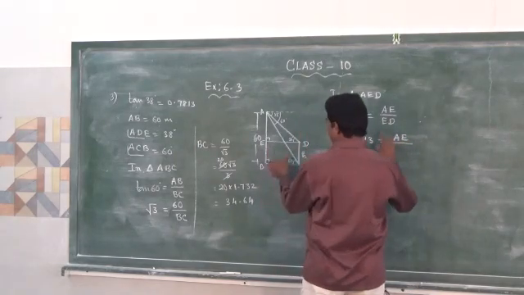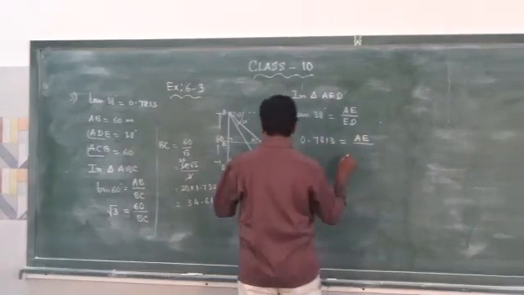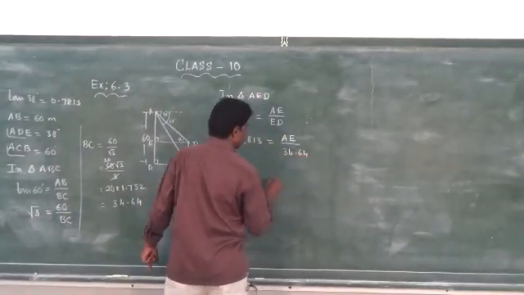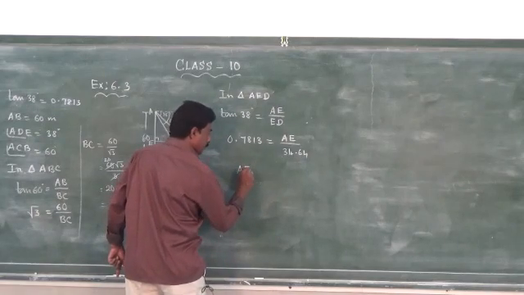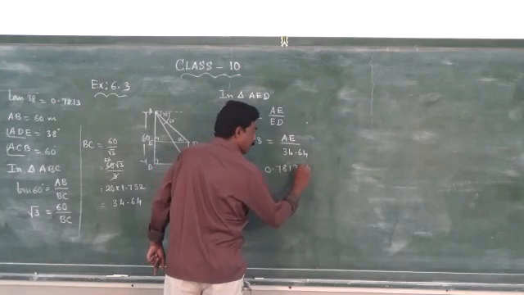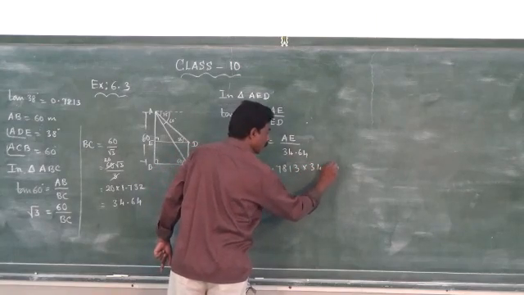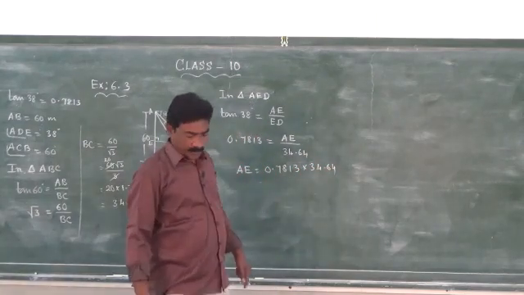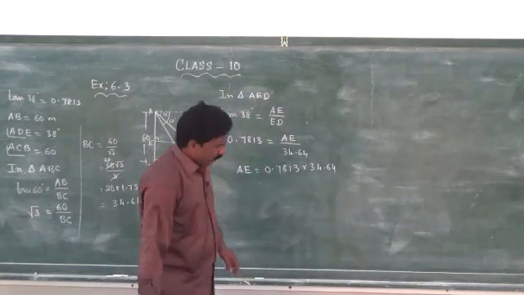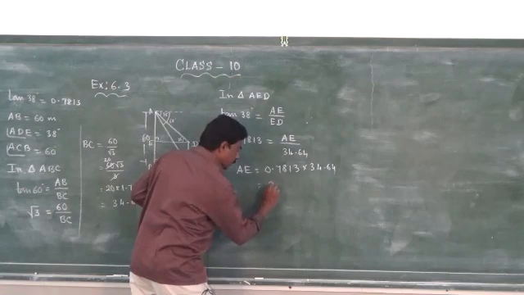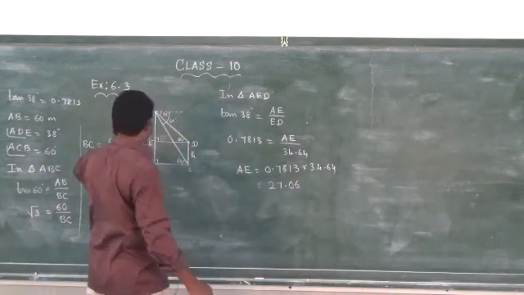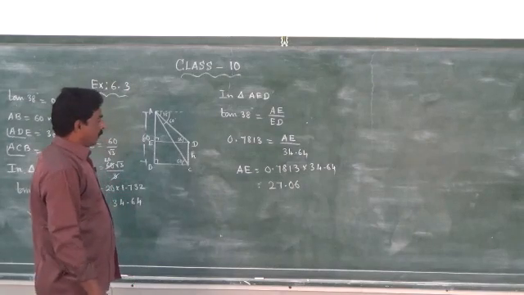ED and BC are same, equal. Therefore, BC value is 34.64. So, when you cross multiply, AE equals 0.7813 into 34.64. When you multiply, you will get 27.06. That is AE. AE is 27.06.